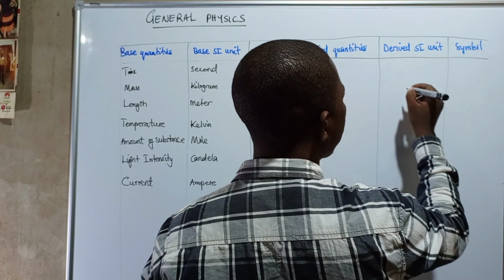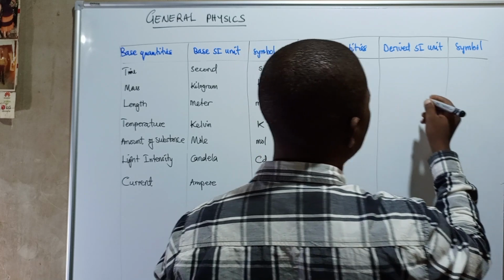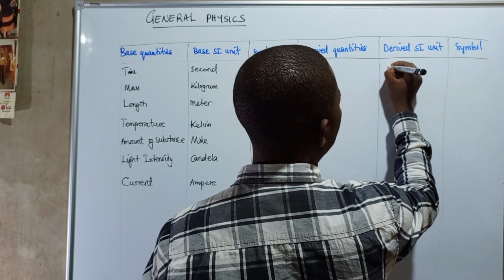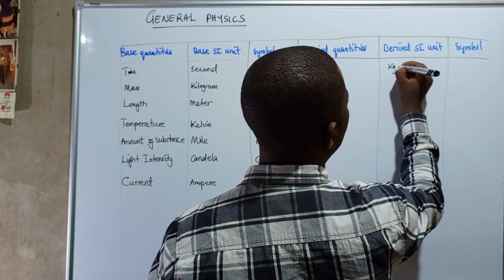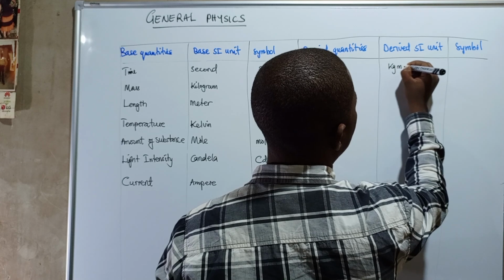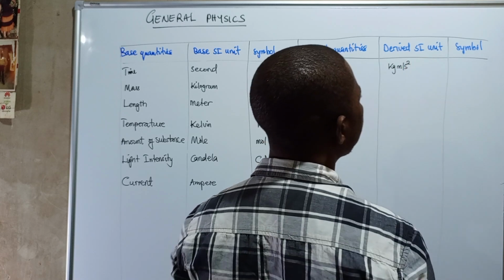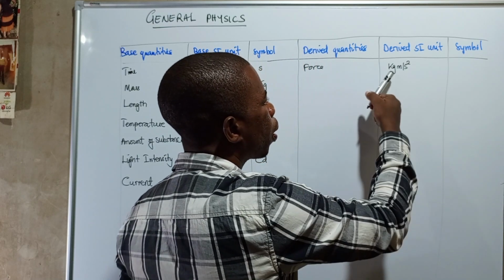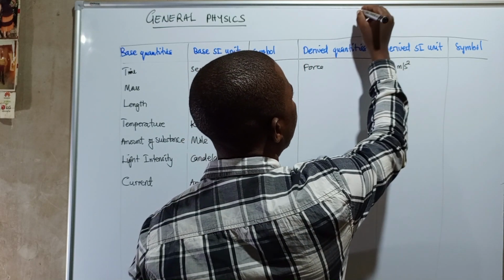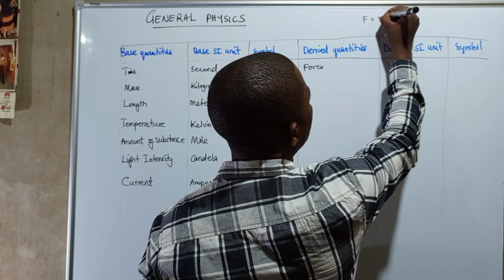because force is mass times acceleration, so it is supposed to be kg meters per second square. Force by definition is equal to mass times acceleration.